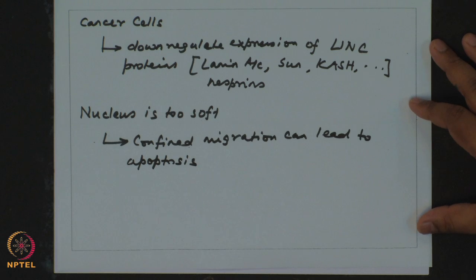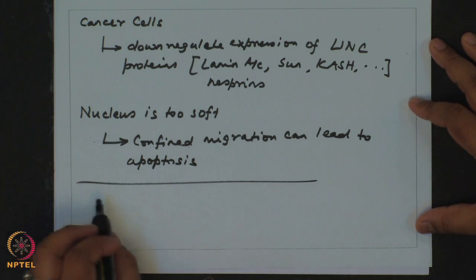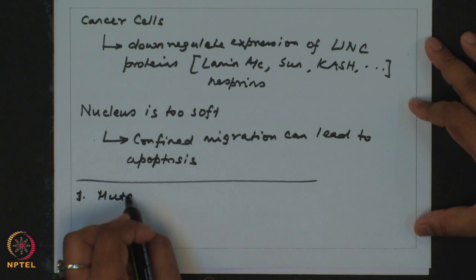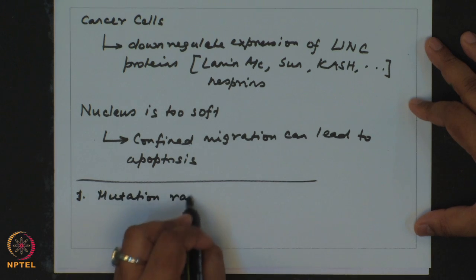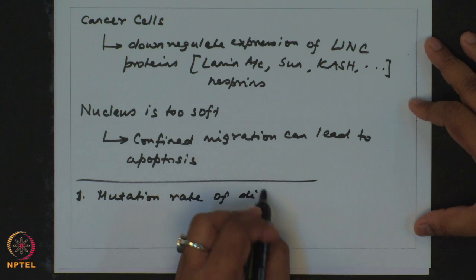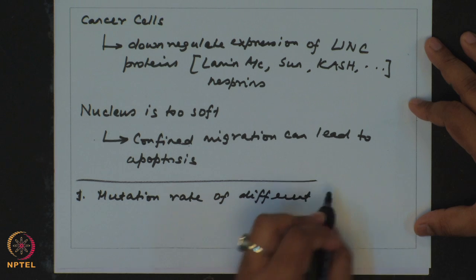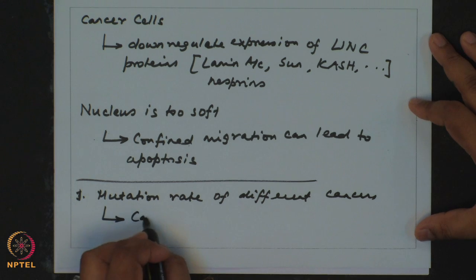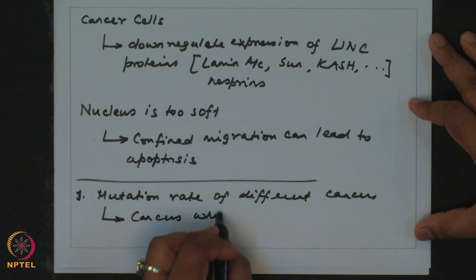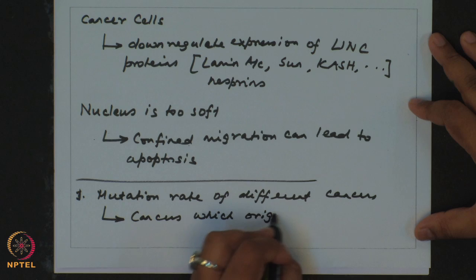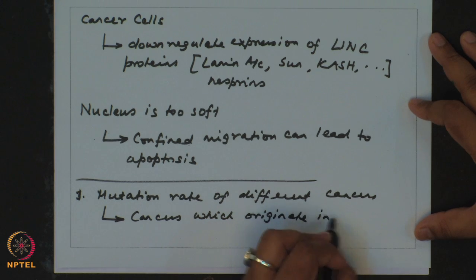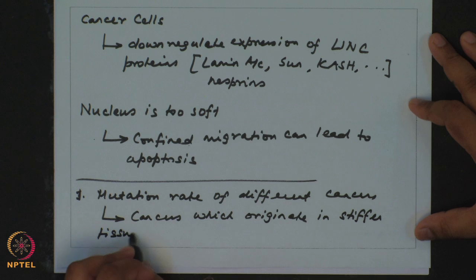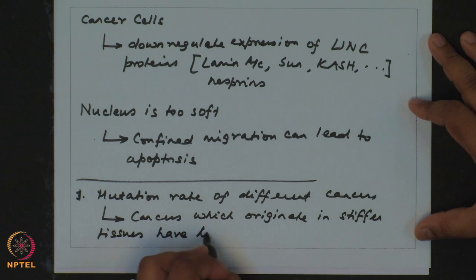There has been another finding that if you compare the mutation rate of different cancers, cancers which originate in stiffer tissues like bone have higher rates of mutation.